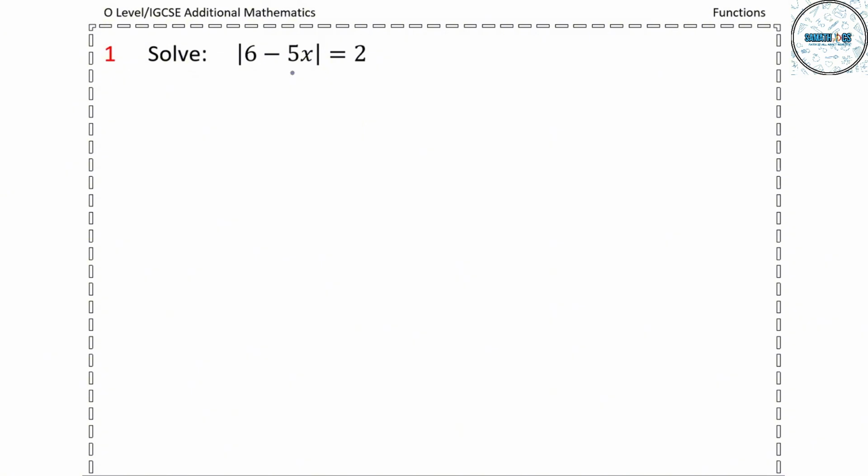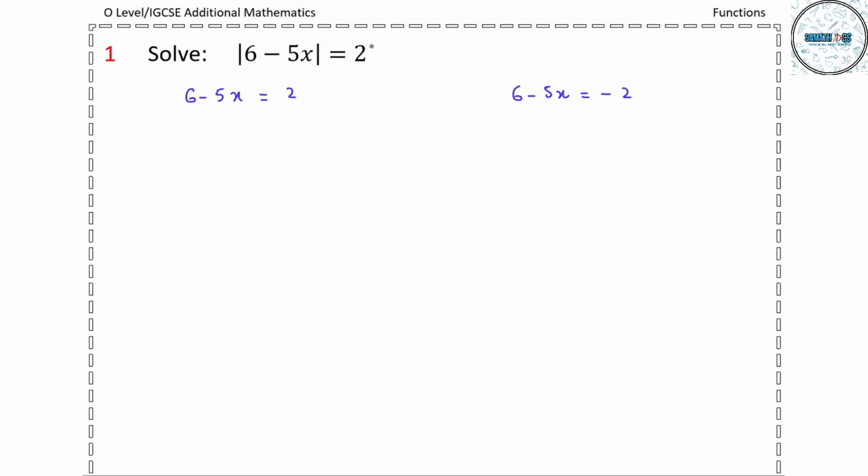We have the absolute value of 6 minus 5x is equal to 2. Whenever you have an absolute value equation, you will write 6 minus 5x is equal to 2 or 6 minus 5x is equal to minus 2, because either the value of this is equal to 2 or the value of this is equal to minus 2.